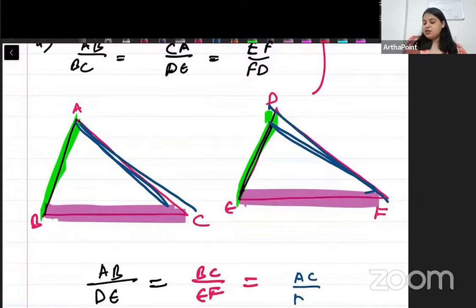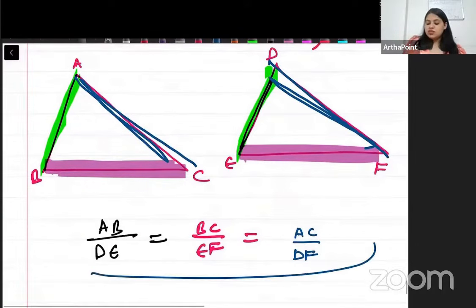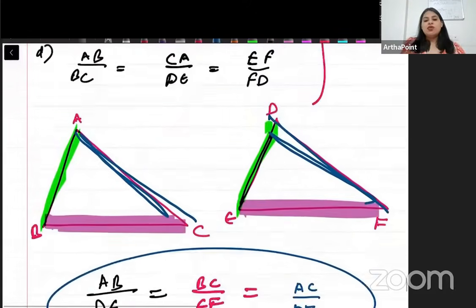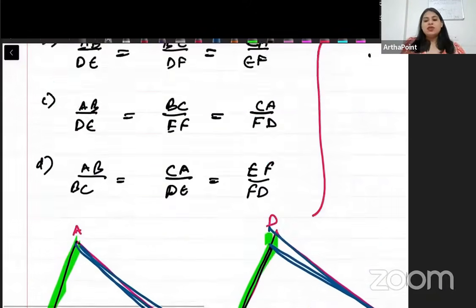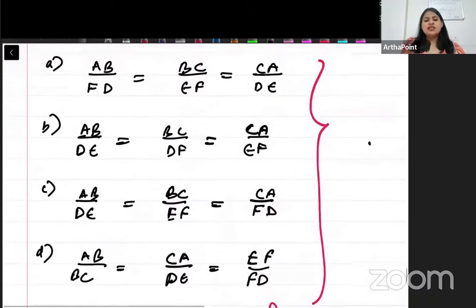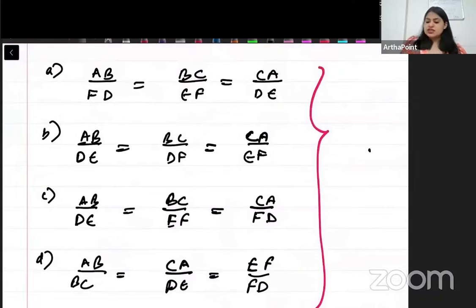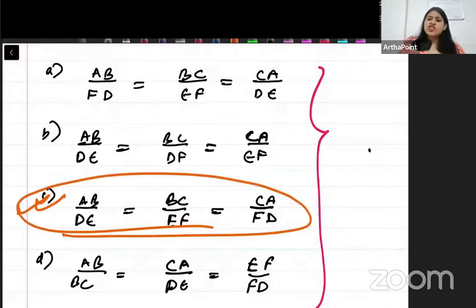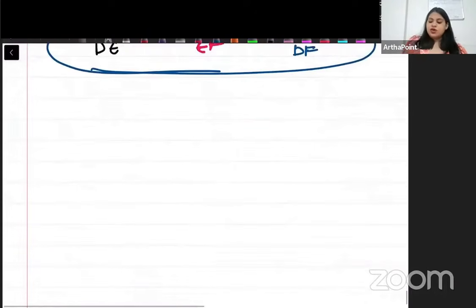So AC by DF. This is what should hold true. So AB by DE equal to BC by EF is equal to AC by DF. But this thing is satisfied in answer C. So answer to this question is C. We just did the properties of similar triangles now. Okay, now let me give you the next question.